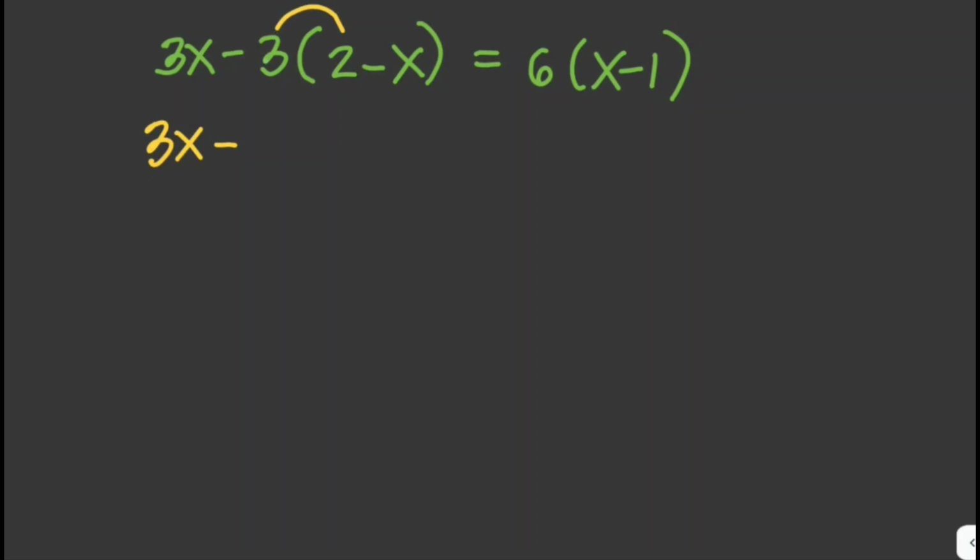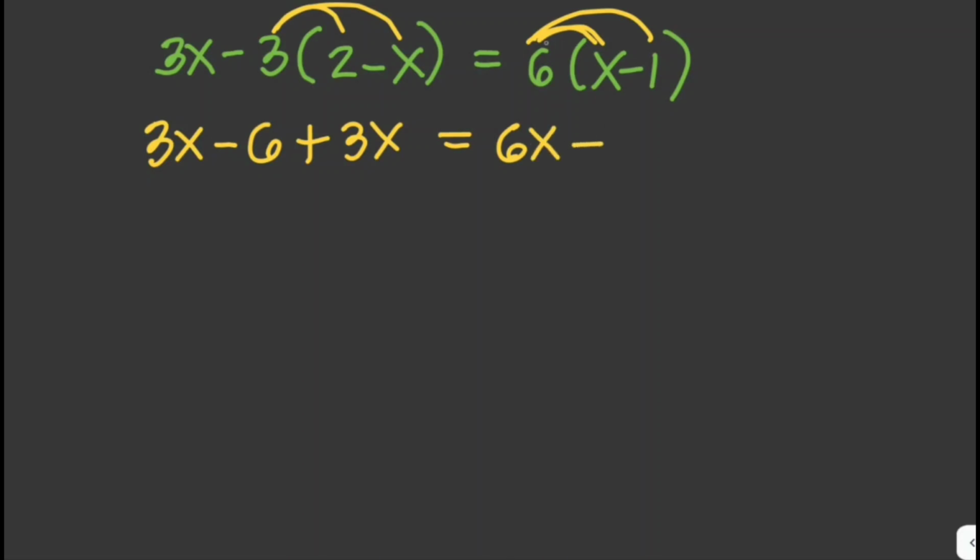So negative 3 times 2 is negative 6. Negative 3 times negative x is positive 3x. And then the expression on the right, we distribute 6 here. So 6 times x is 6x, minus 6 times 1 is 6.